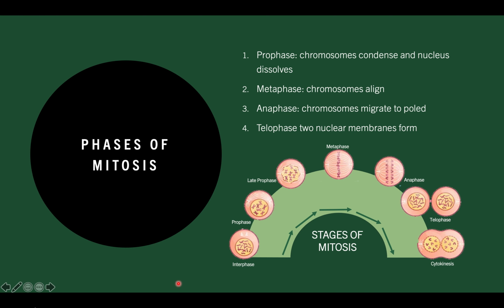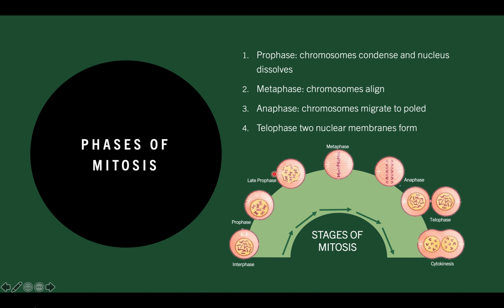So let's talk more about the process of mitosis and each of its phases. Once again, mitosis comes up with 2 identical clone cells from that original parent cell. We have the process right here of interphase, which is where our cells spend most of their time. Then we begin with prophase, where chromosomes condense and the nucleus starts to dissolve.